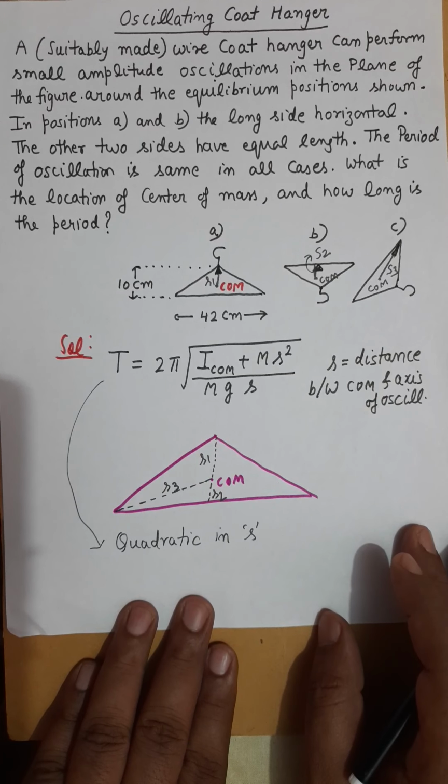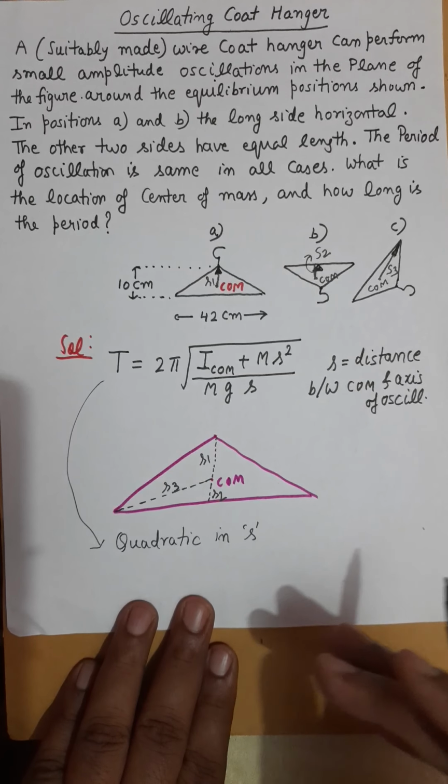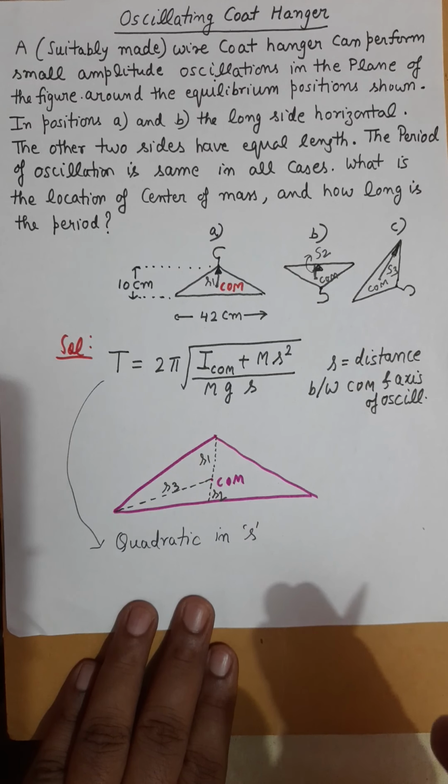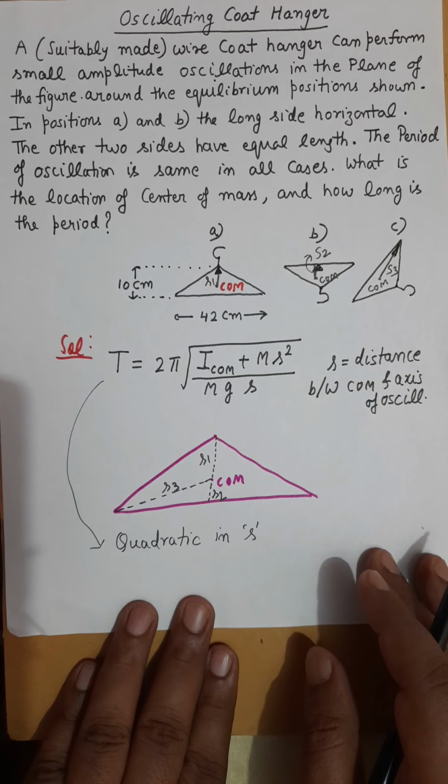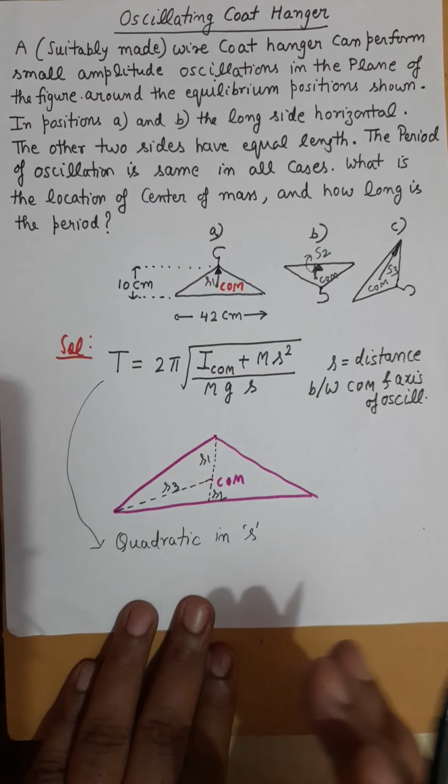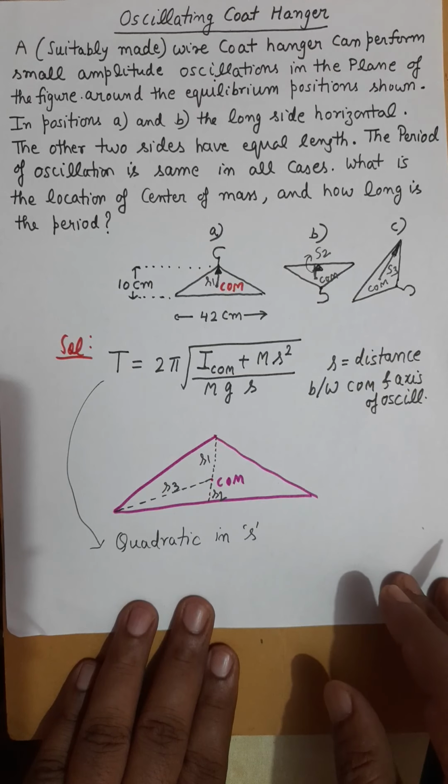A quadratic equation cannot have three or four roots; it will always have two values, or sometimes only a single value if the discriminant b square minus 4c becomes 0.